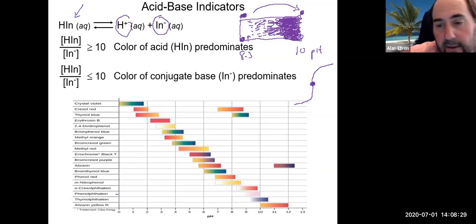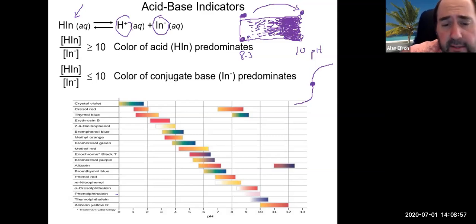So the range that we see here for these indicators is in general an effective range for you to visually see a color difference. Once you get into that 10-ish range or before it, there's really no distinction between a dark pink and one that's maybe a little darker pink. So you lose the ability to have a good, clear distinction of where you're at.